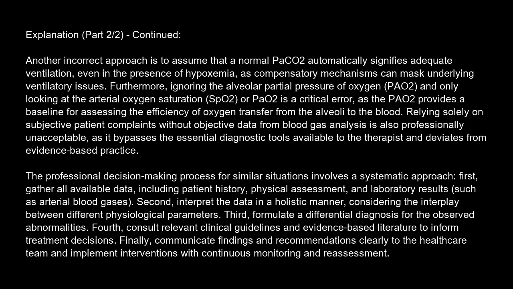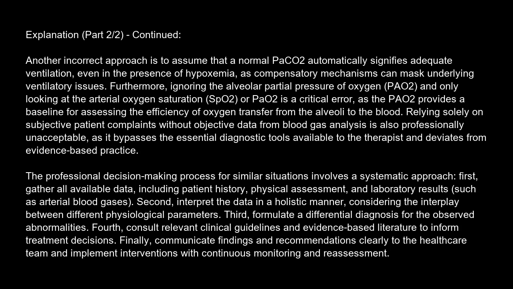Furthermore, ignoring the alveolar partial pressure of oxygen, PAO2, and only looking at the arterial oxygen saturation, SpO2, or PaO2 is a critical error, as the PAO2 provides a baseline for assessing the efficiency of oxygen transfer from the alveoli to the blood. Relying solely on subjective patient complaints without objective data from blood gas analysis is also professionally unacceptable, as it bypasses the essential diagnostic tools available to the therapist and deviates from evidence-based practice.